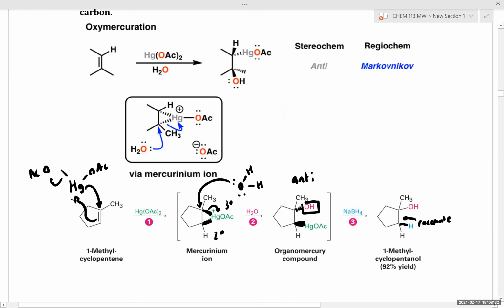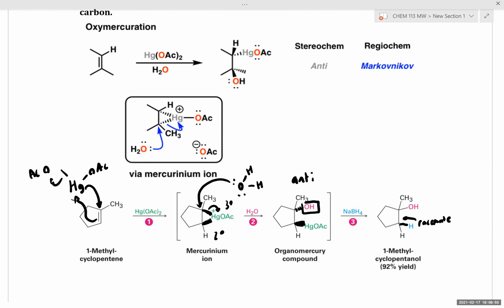The reduction step scrambles your stereochemistry at that position. So you can install your alcohol with stereospecificity, however, the carbon-hydrogen bond is not formed with any stereospecificity.